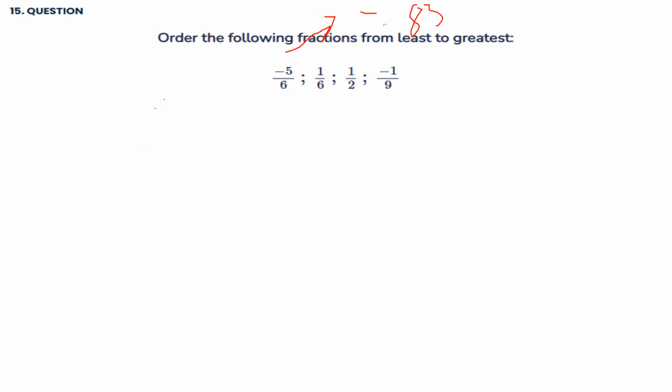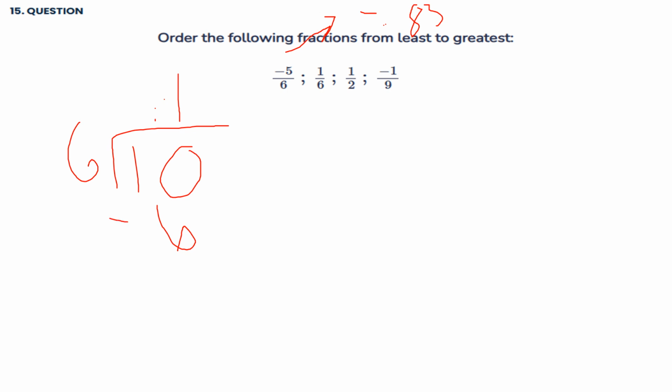So 1 over 6. We do the same thing. Regardless of what number is largest, the denominator goes on the outside, numerator goes on the inside. 6 can't go into 1, but we can add a 0, and when we add that first 0, we put a decimal point up at the top. 6 can go into 10 one time, and 1 times 6 is 6.